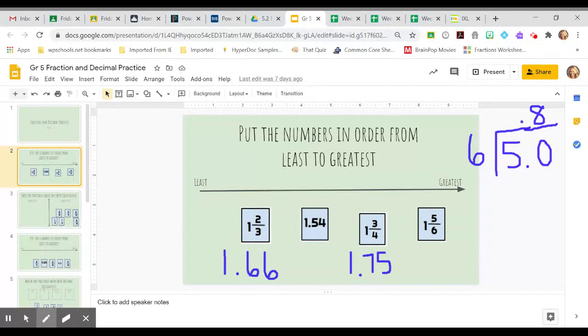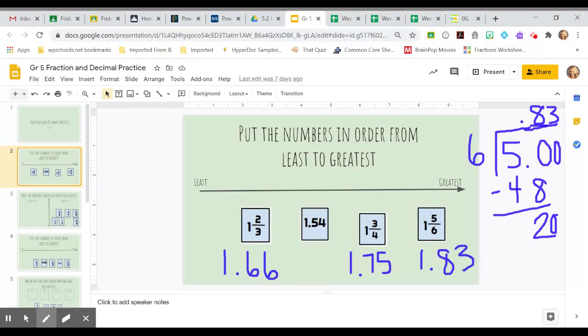I could continue working this out, and my answer is going to end up being about 83 hundredths. So 5/6 is about 83 hundredths. So we could say 1 83 hundredths.